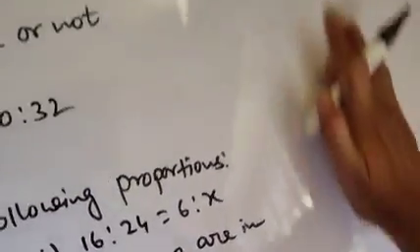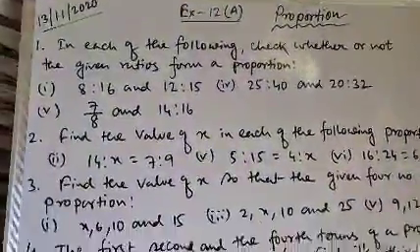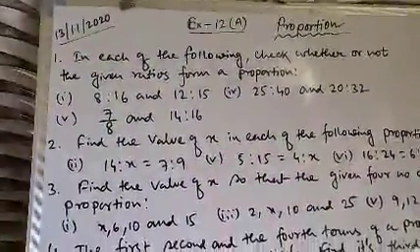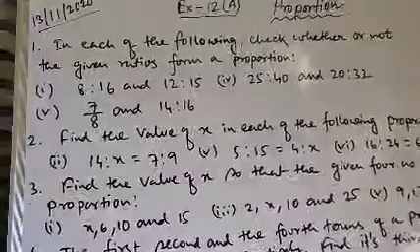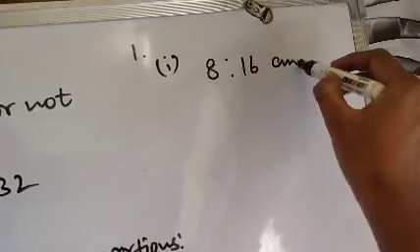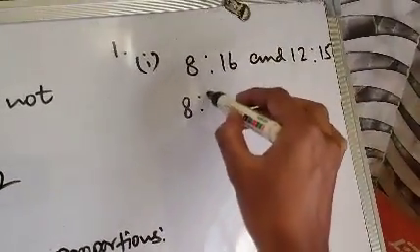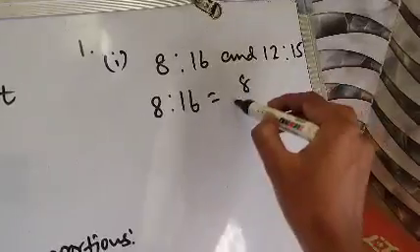Question number 1. The question is given like this: in each of the following, check whether or not the given ratios form a proportion. So the first one is 8:16 and 12:15. So 8:16 means 8 by 16.